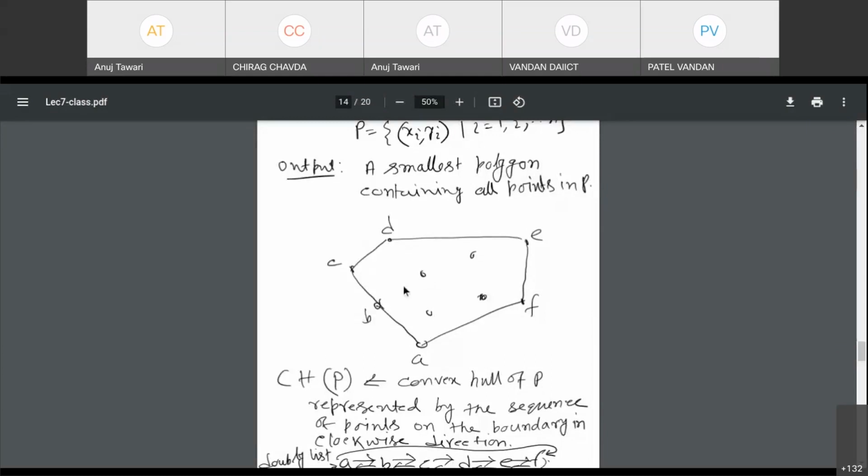Using cross product, you can determine if all points are on one side and there is nothing outside this polygon. Notice all these points are on the same side of each of these line segments, and that's what we want to check.